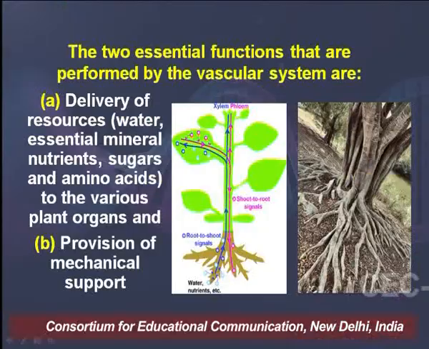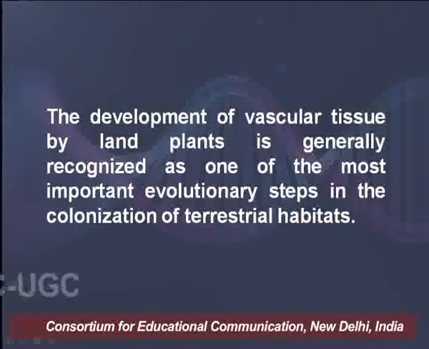The two essential functions performed by the vascular systems are delivery of resources such as water, essential mineral nutrients, sugars and amino acids to the various plant organs, and the provision of mechanical support.